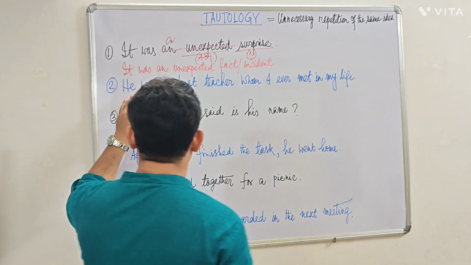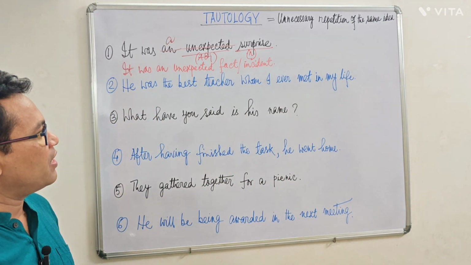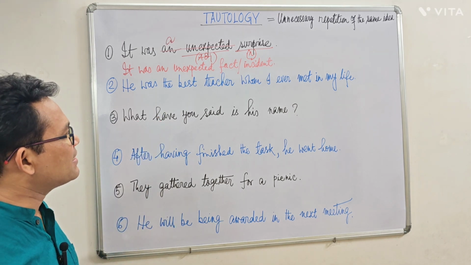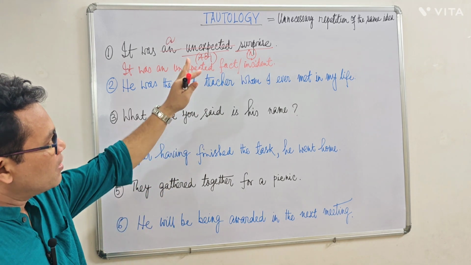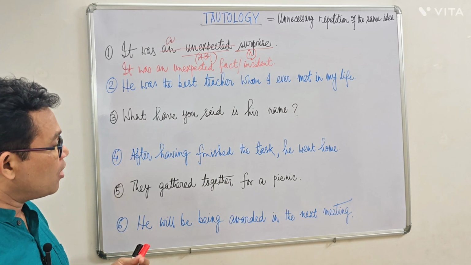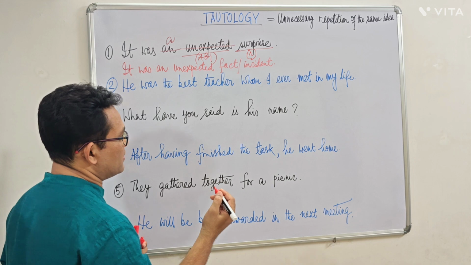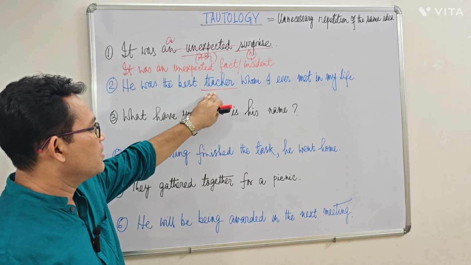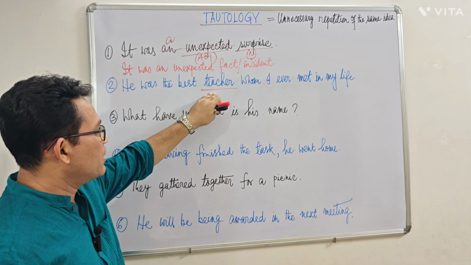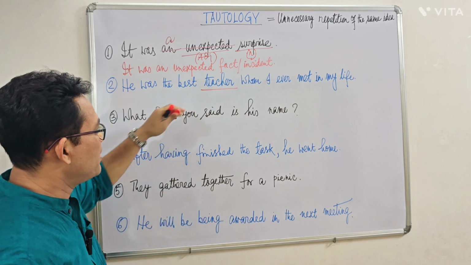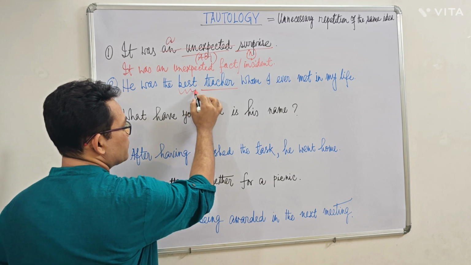Then number 2, he was the best teacher whom I have ever met in my life. So apparently the sentence is grammatically correct, but yes, the germ of tautology is present in this sentence as well. How? Here, look at this sentence, the noun teacher. First, this common noun teacher has been specified, highlighted through the superlative degree best.